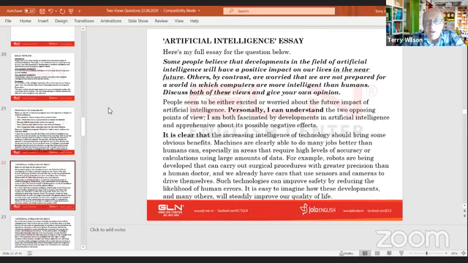All right, and here we have the full essay. So again, in the introduction, there is a strong opinion. Personally, I can understand. And then notice how we start the body paragraph, which is clear that, followed by the topic.